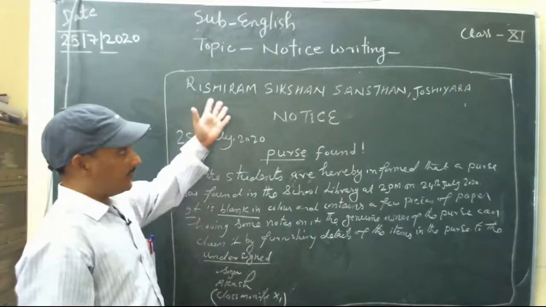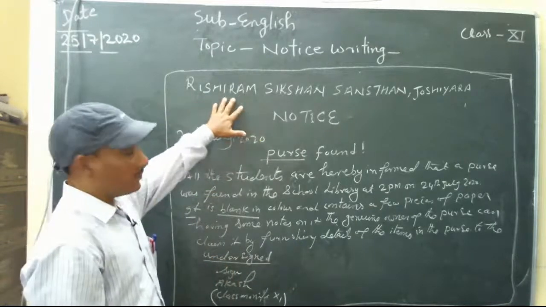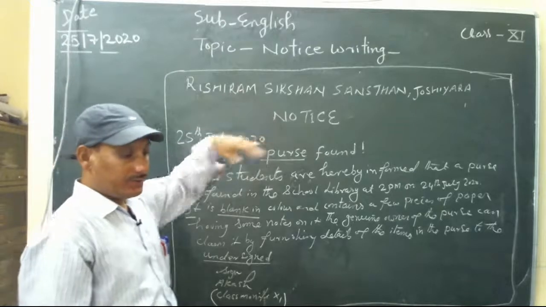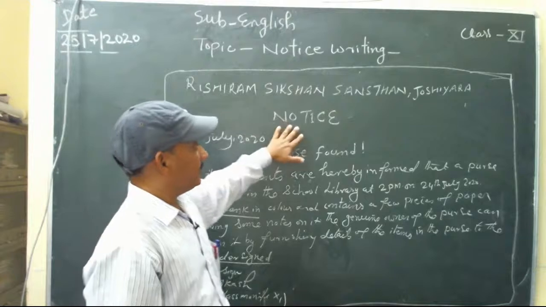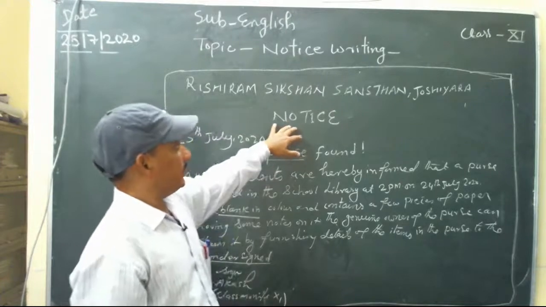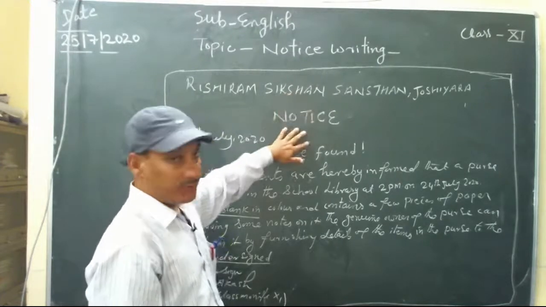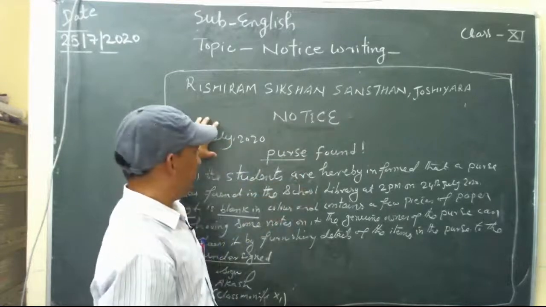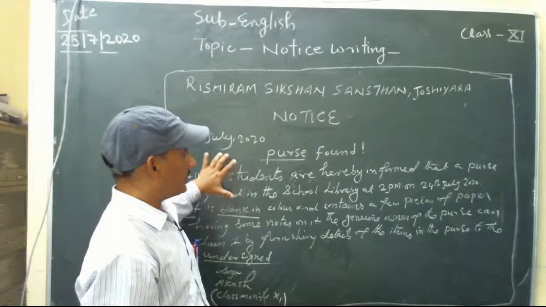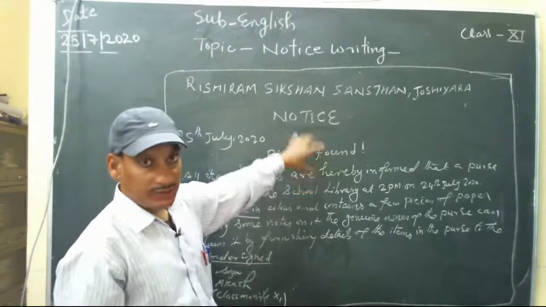So different steps again: name of the organization, means the name of the school, or it may be the name of another institution. Then the word notice, which appears just below the name of the organization, but it must be in block letters, then date of issue of the notice, and a suitable heading or title.